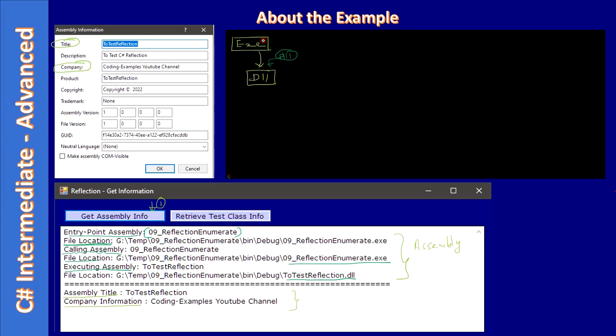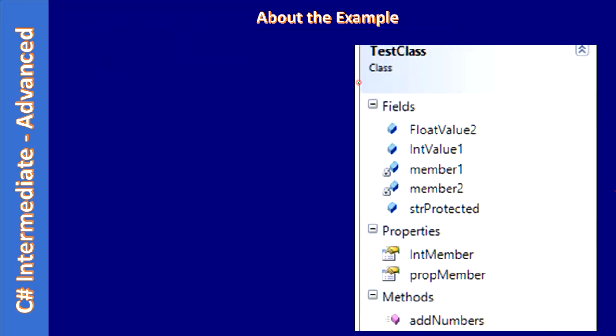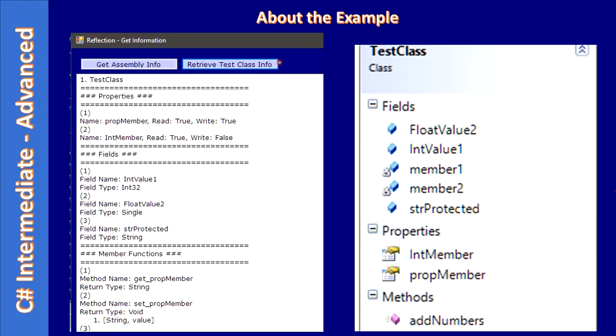In that case, the exe is the entry point, the other DLL is the calling assembly, and this one is the executing assembly.